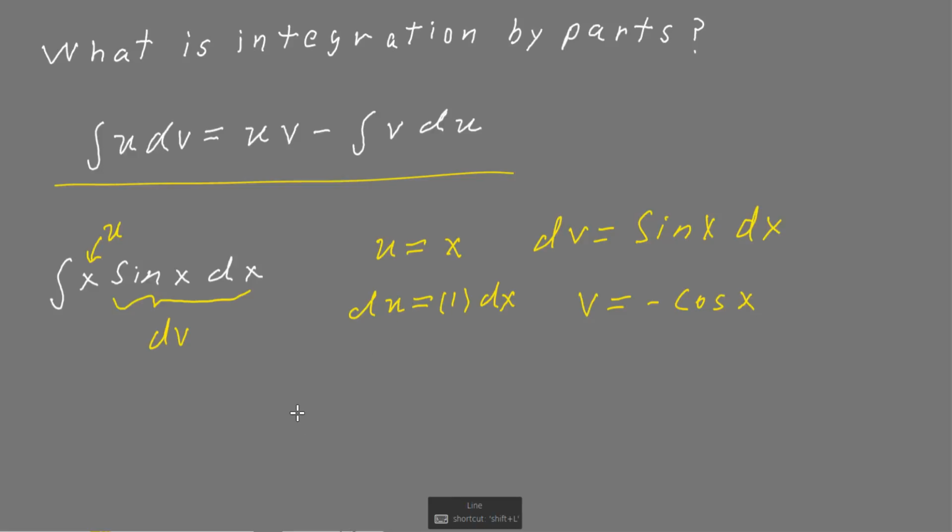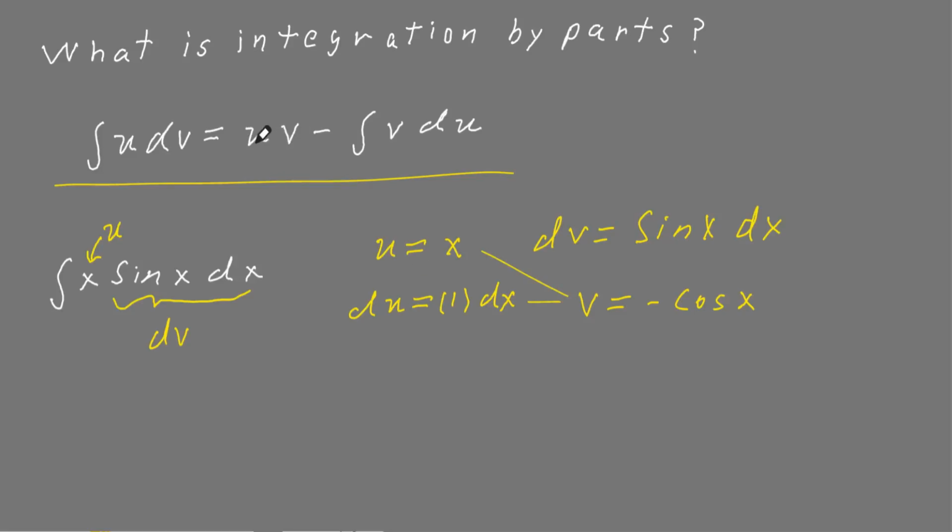So the formula tells us that we need u times v, which would be this times this, minus the integral of v du. So that would be minus the integral of this times this. And I favor laying out the u's and the v's according to this pattern, like this, and across like this, because this corresponds to the tabular method of doing integration by parts.